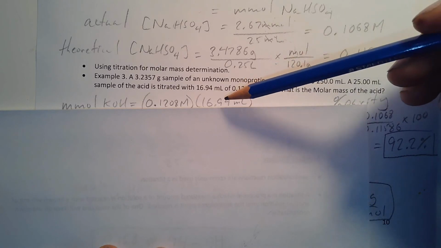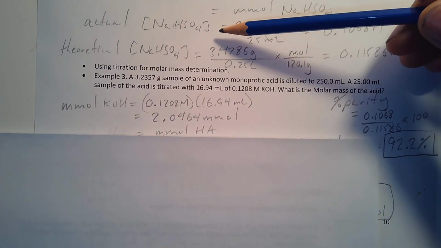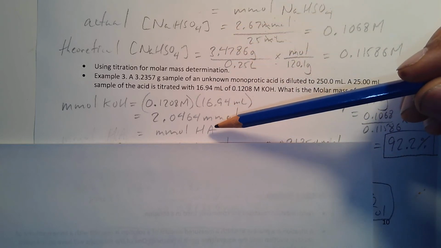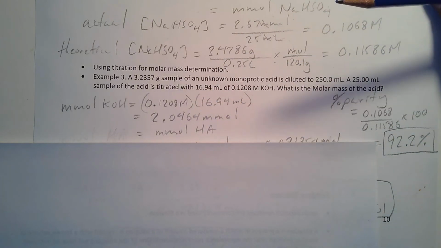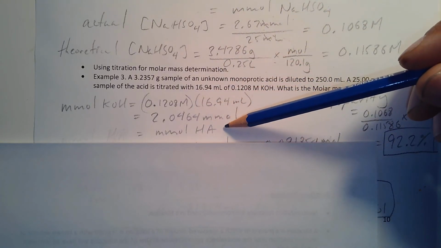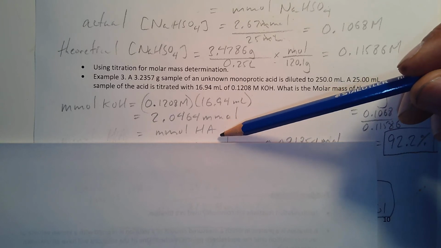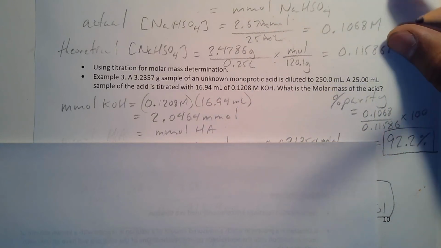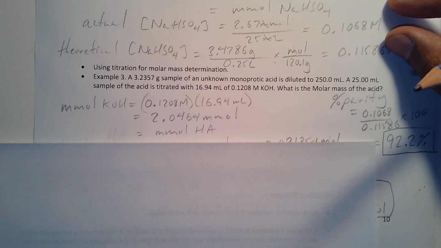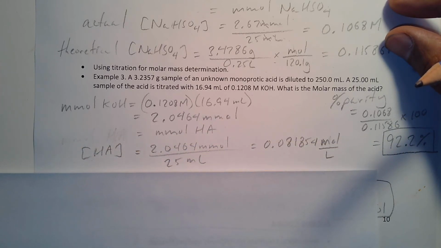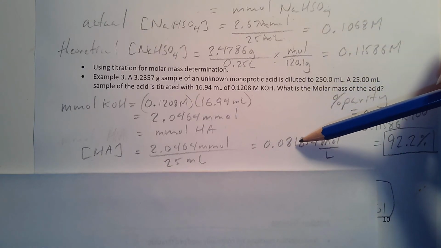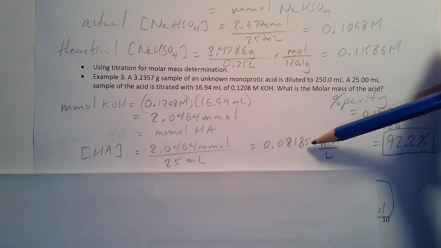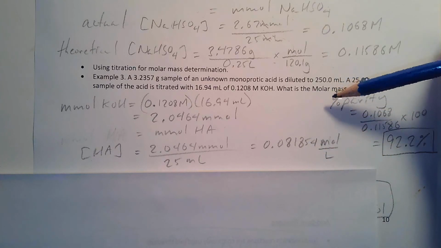Same thing. We want to get the moles of that, and then this is typical. When you're talking about an unknown acid, when they call it a monoprotic, you can just refer to it as HA, to represent the acid. You don't know what this acid is, but that's a way you can represent it. So now we can find the concentration, same as we did in the previous one. Now we've got the concentration in moles per liter of this here, and this was taken from the 250 milliliters.